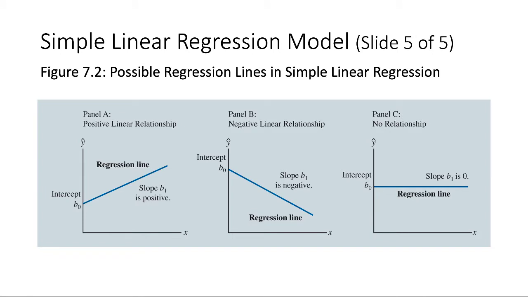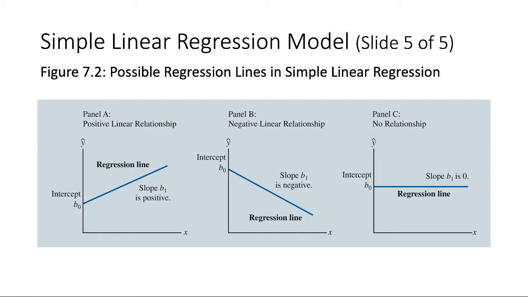We have different possible regression lines as shown in this figure. The regression line in panel A shows a positive linear relationship where the estimated mean value of y is related positively to x, with larger values of predicted y associated with larger values of x.